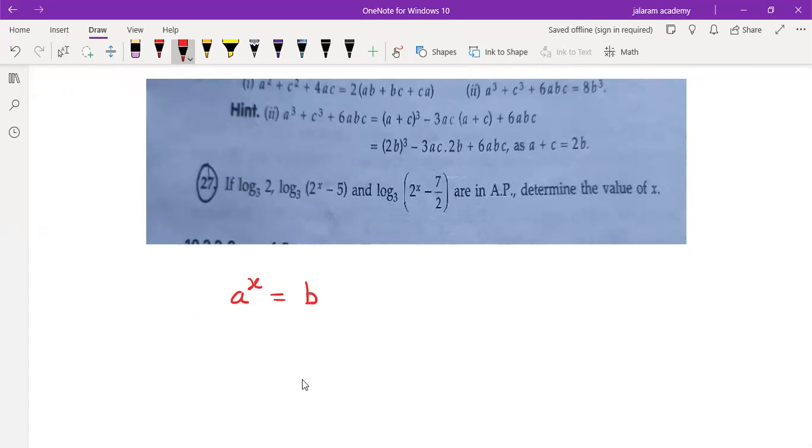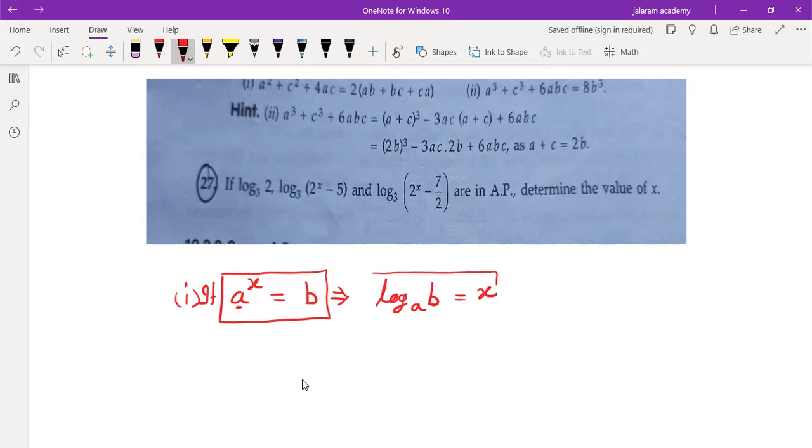So how to convert indices to log? This is by using the formula: if a to the power x equals b, remember, this a will remain in the base. This time we have to write it as log b to the base a equals x.